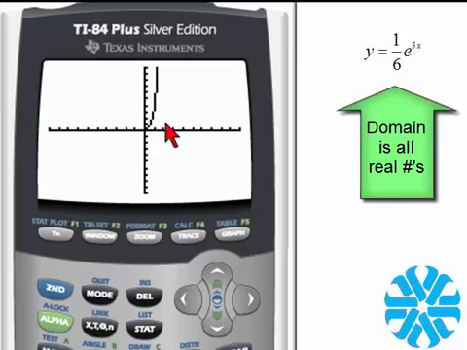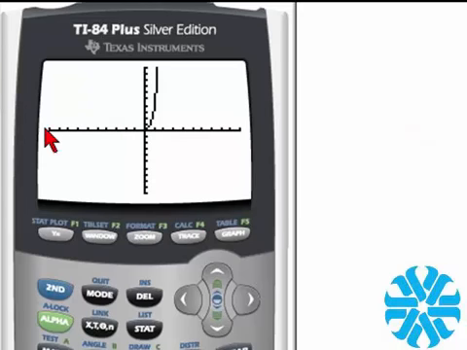So right here it doesn't look like there's any part of the curve, where in reality this curve does go along the x-axis. The y values are very small, so the graph appears to cling to the x-axis when x is less than 0. This would be shown by turning off the axes.